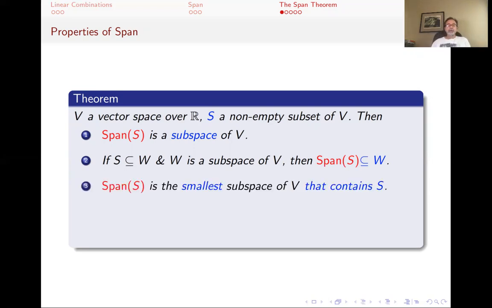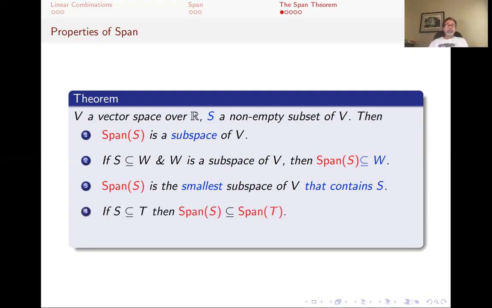And the third one, which is actually a reiteration of the first and the second, is that the span of S is the smallest subspace of V that contains S. I'll make clear what I mean by the smallest. It means that it's contained inside every subspace that contains S. So if you want a subspace that contains S and you want to be efficient, not have extra elements, span is your answer.